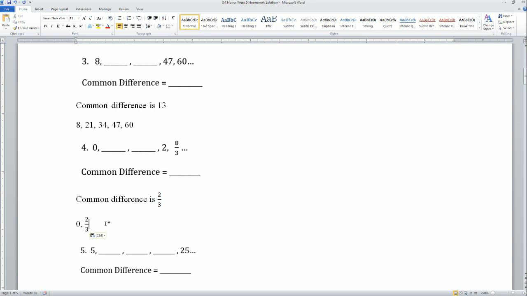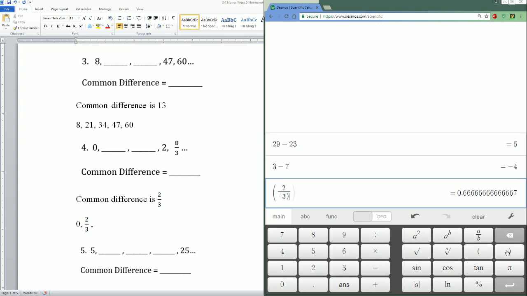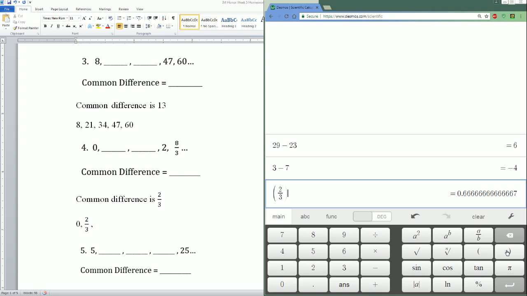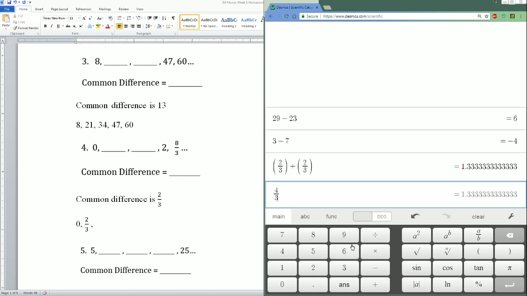So your sequence should be 0, then 2/3, right? Then you do 2/3 plus 2/3, which is what 4 divided by 3 is. Perfect, you see?